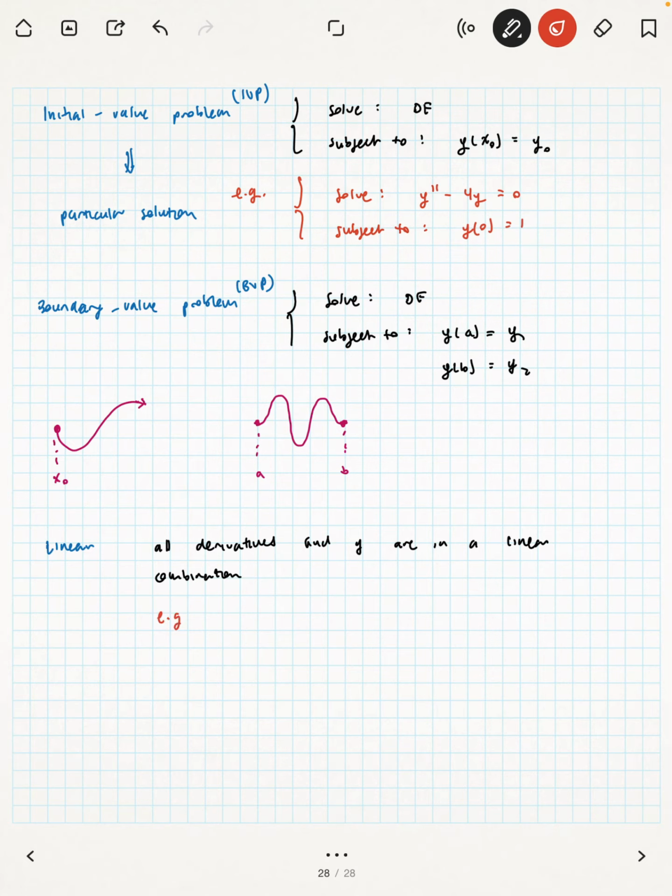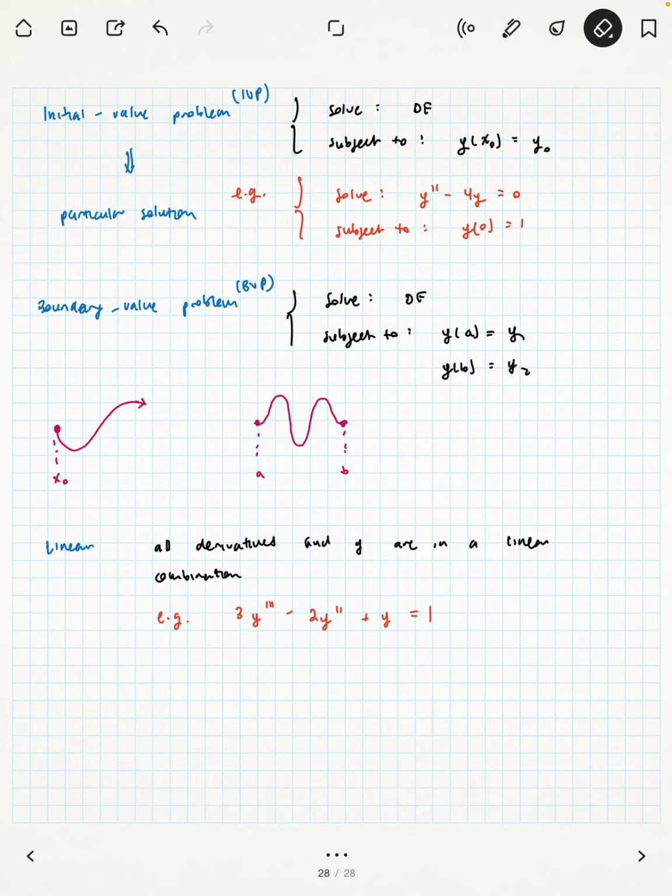But really what we're saying here is a linear combination means you have real number coefficients to your terms involving y prime and y double prime and y triple prime, whatever derivatives you have, and there's no exponent on the derivatives or y, and there's no trace of x.